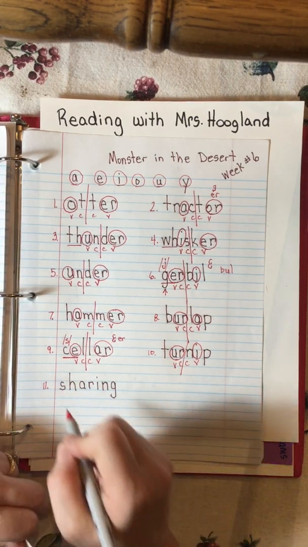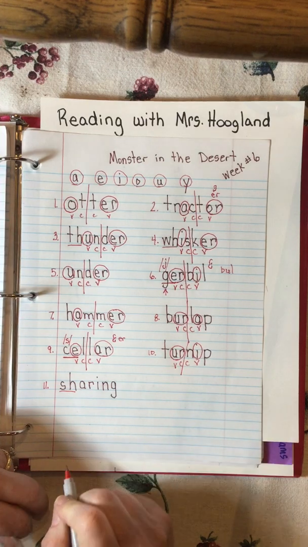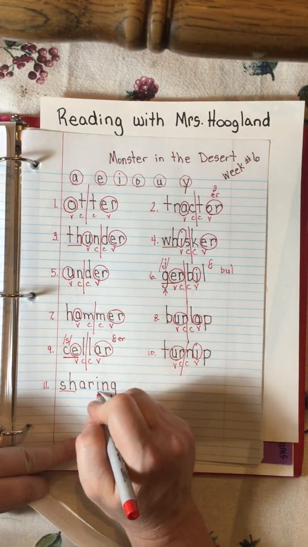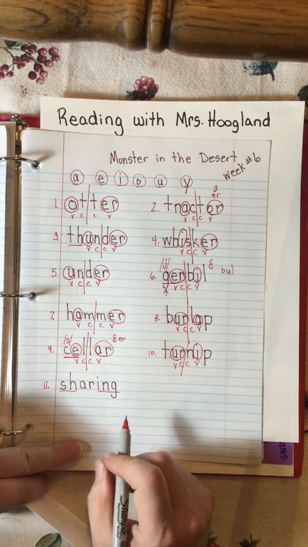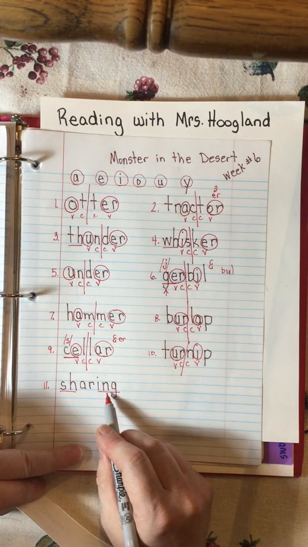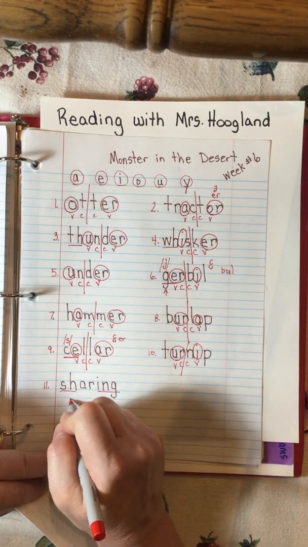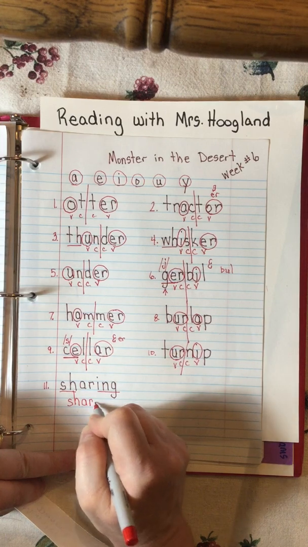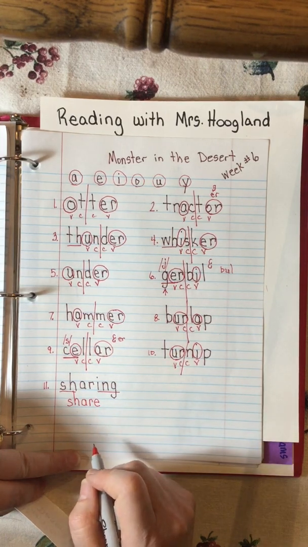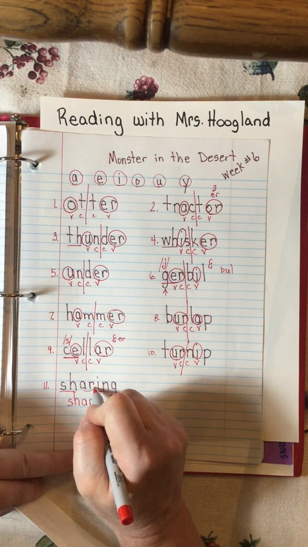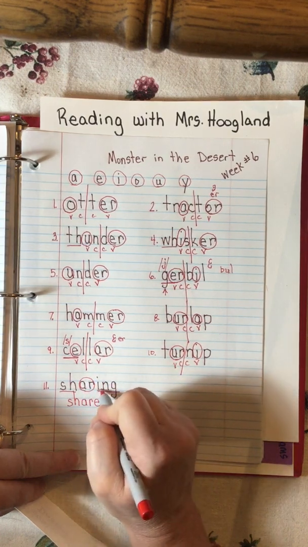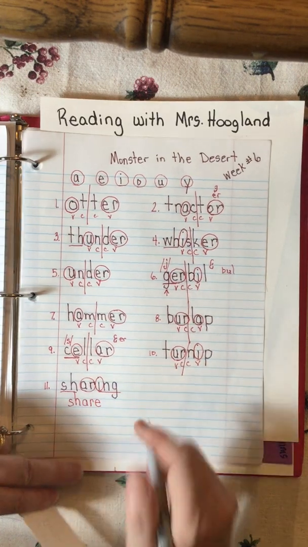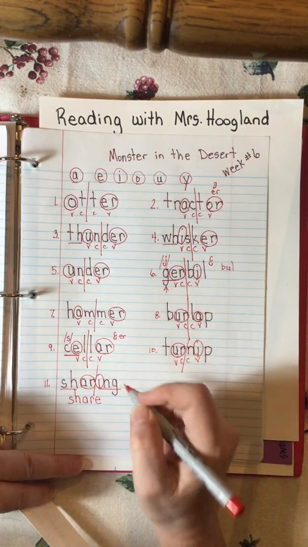Okay. I automatically see SH right here. And another thing I automatically see is an ING. So that tells me that this word has been changed. This word originally is share. Okay, I see the AR right here, and I see the I. The ING is a suffix, so we know we're going to split that off right here.